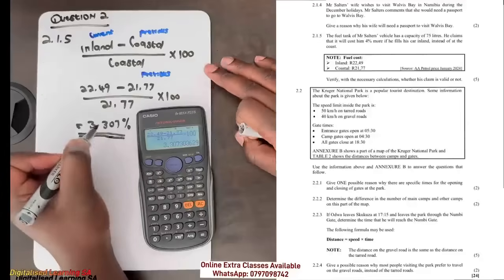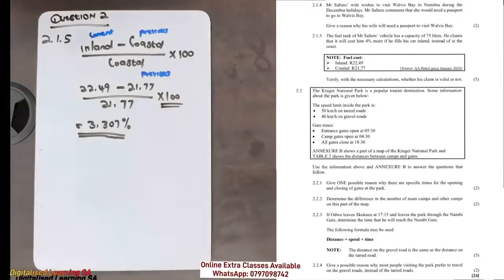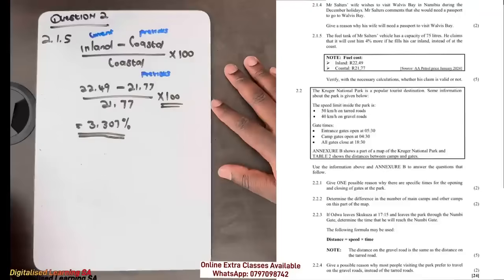So it's in the percentage form because we multiplied by 100. Okay, so the question was to verify with necessary calculations whether his claim is valid or not.